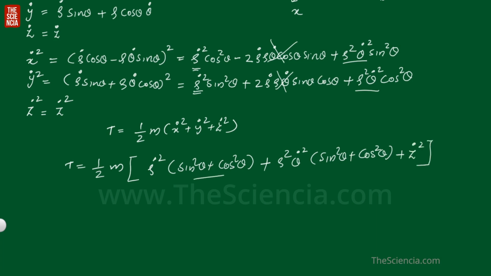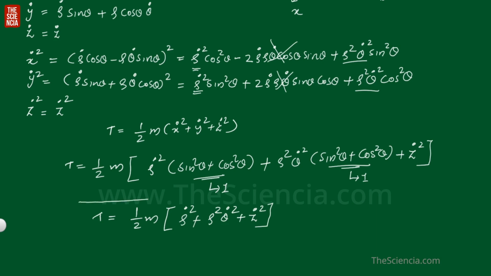Here you know this value is equal to 1 and this value is also equal to 1. So finally we get T equal to 1 by 2 m into rho dot square plus rho square theta dot square plus z dot square. This is an important result.